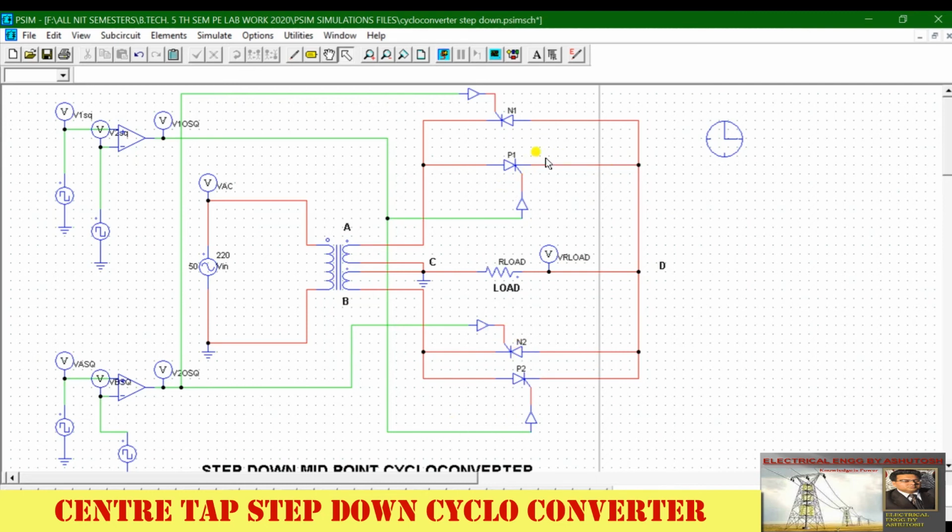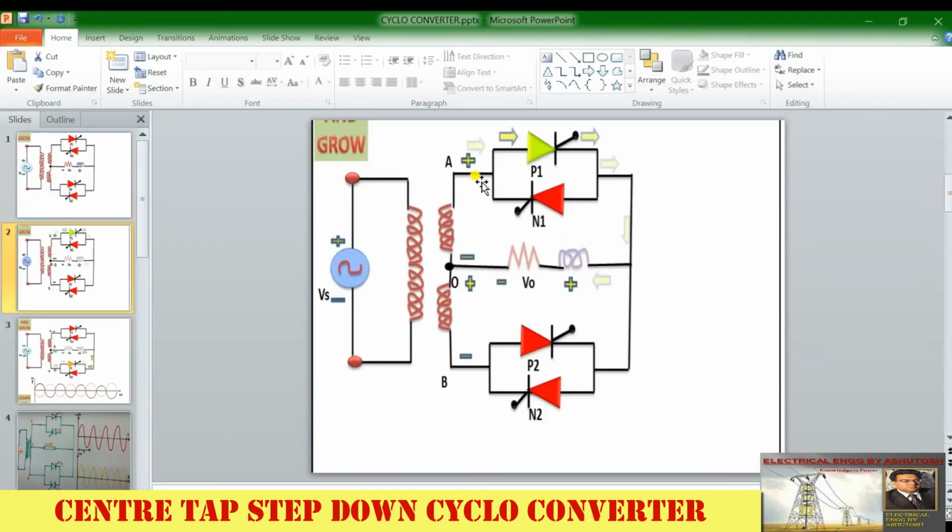Only P1 will work. And what is the direction of current? Direction of current is from here to here. Okay, we have used resistive load. Okay, so direction of current is positive, clockwise, like this. Okay, so load current flows from A to SCR P1.